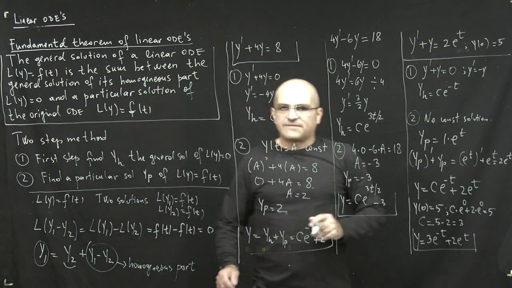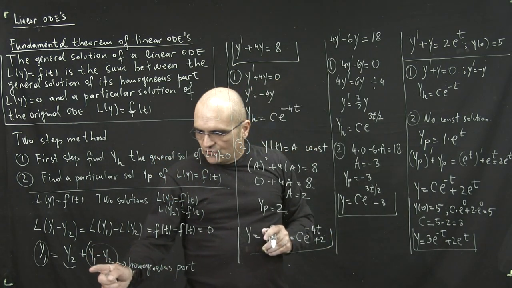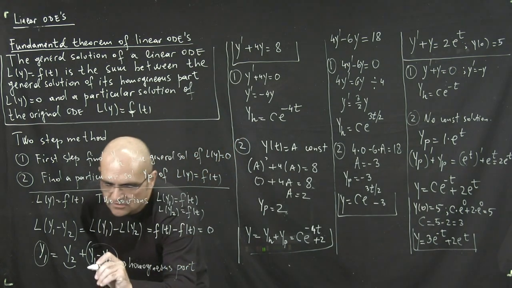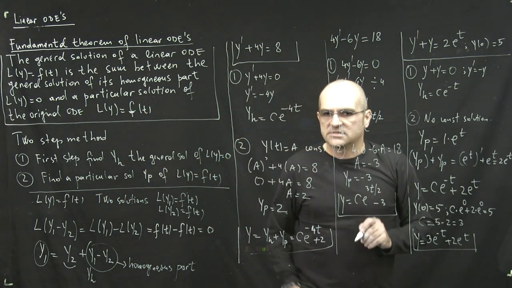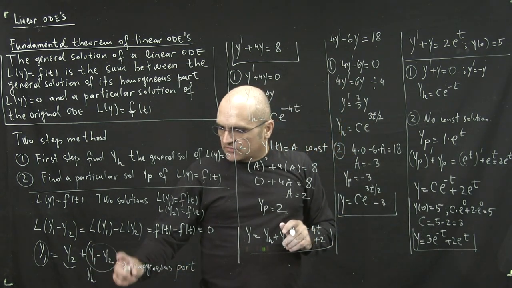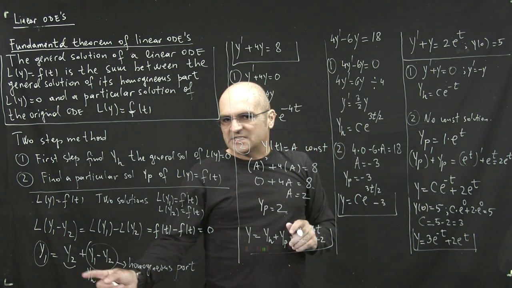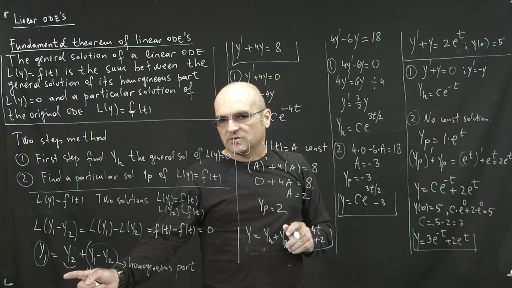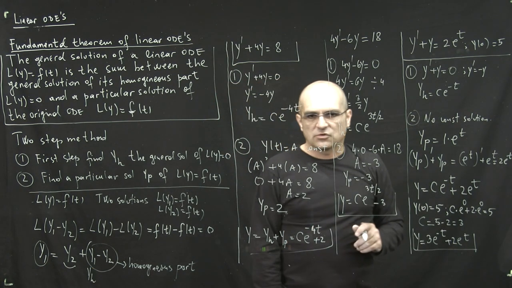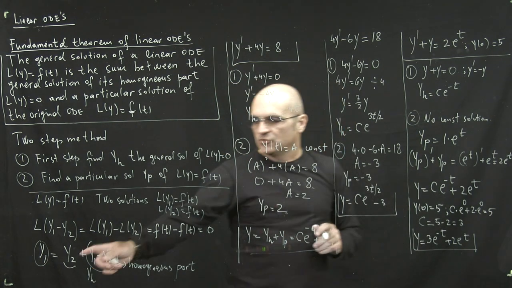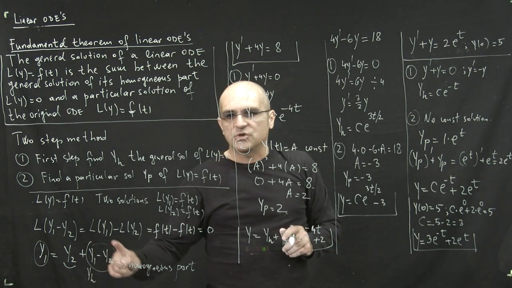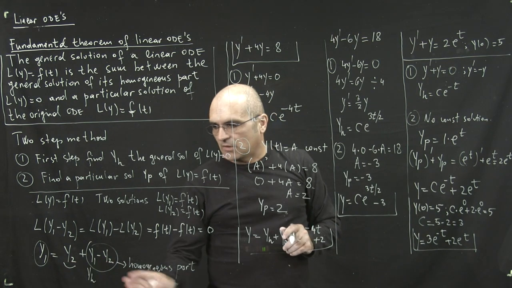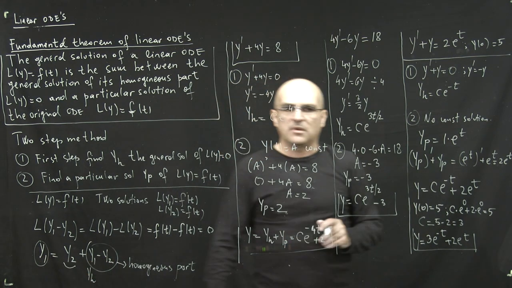So if I manage to find the full homogeneous part of the solution, what we called yH in the previous examples, if I solve completely the homogeneous part, then I need only a particular solution. Doesn't matter which particular solution you're lucky to find, as long as you solve completely the homogeneous part. This describes any other solution of the problem.